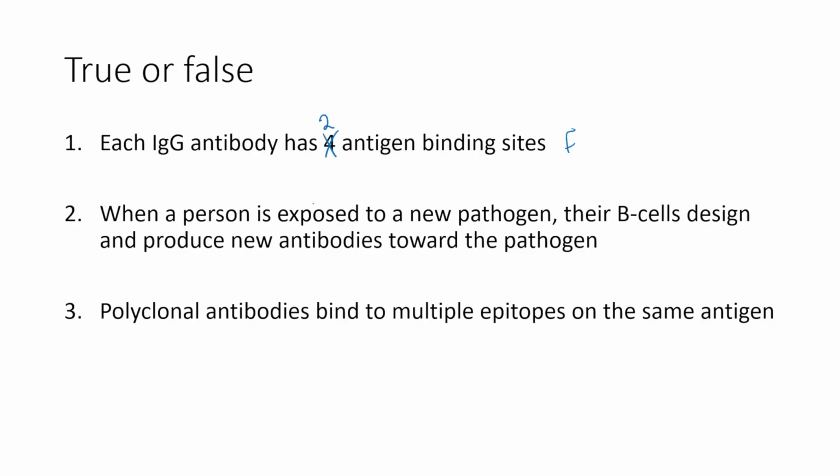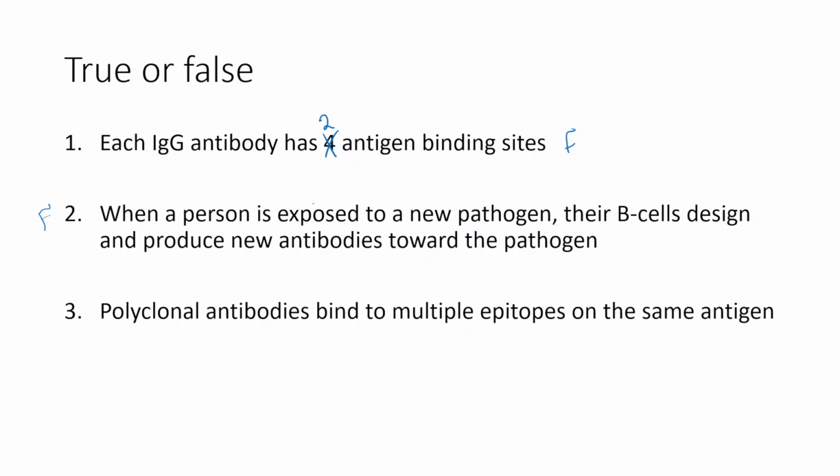All right, number 2. When a person is exposed to a new antigen, their B cells design and produce new antibodies towards the pathogen. So, is it true? Does everybody think it's true? No. Okay. Yeah. Exactly. So your body has already made a lot of B cells, right?